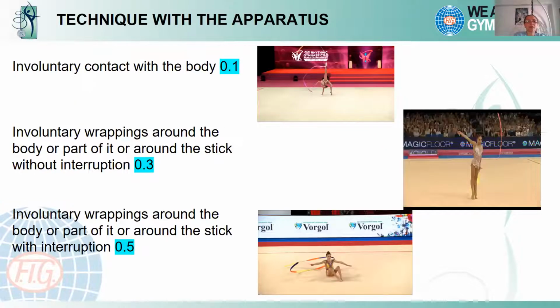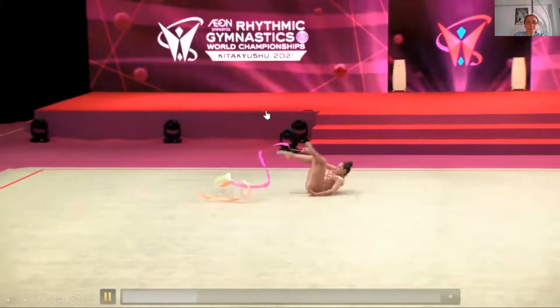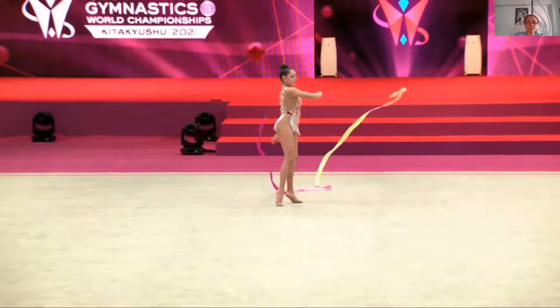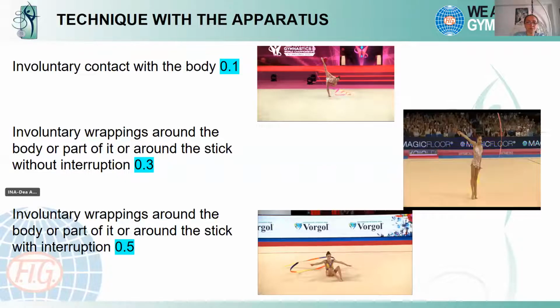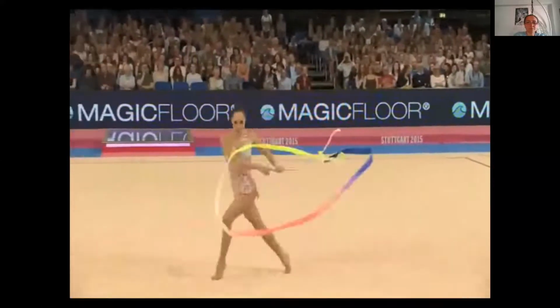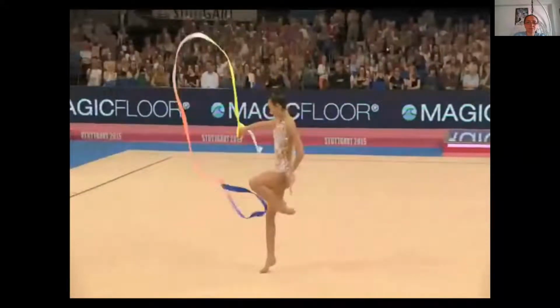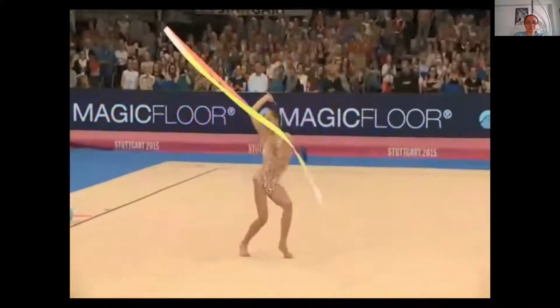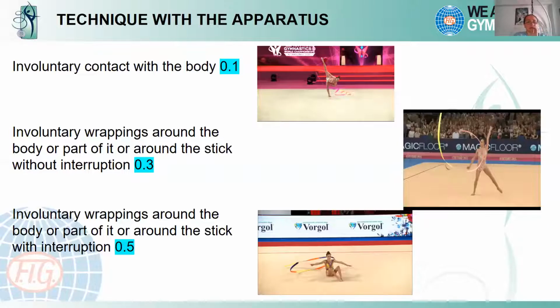Involuntary contact with the body, 0.1. This is involuntary wrapping around the body or part of it or around the stick without interruption.